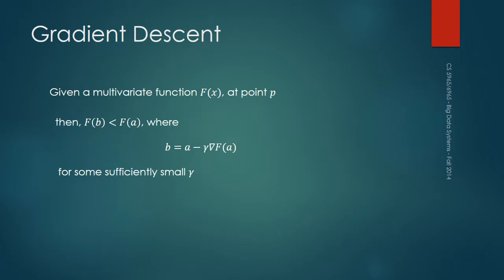so gradient descent. What it means is that given a multivariate function f of x, it's similar to the function that we just talked about. At some point, this is just, let's say, your guess for what the value of x is, right? Then we know that the value at a point b, which is basically in the negative direction of the gradient of the function f, is less than the value at a.